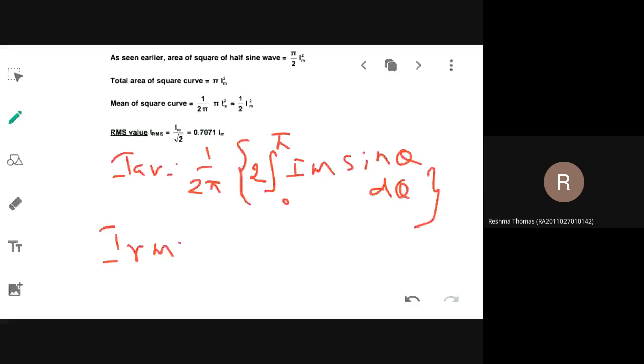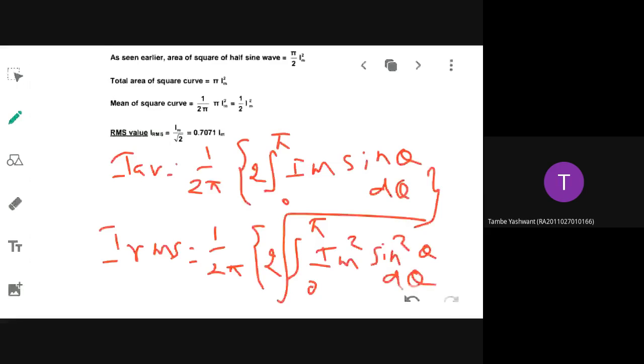RMS is... Ma'am, it is coming at 0.63 IM. Okay, these are the formulas for I average and RMS.